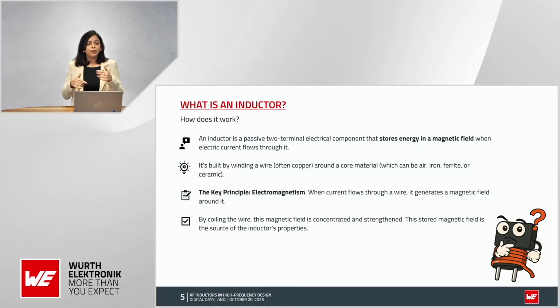By coiling this wire, we do two things. First, we concentrate the magnetic field around the wire in the center of the coil. Now we have this magnetic field concentrated and strengthened at one place. This stored magnetic field is the source of the inductor's properties.